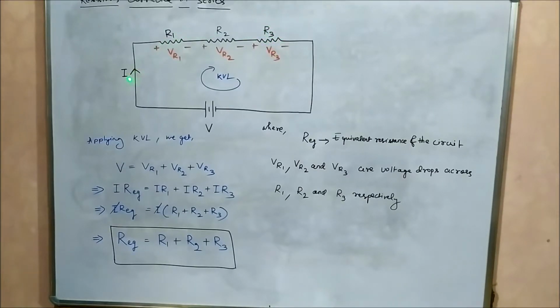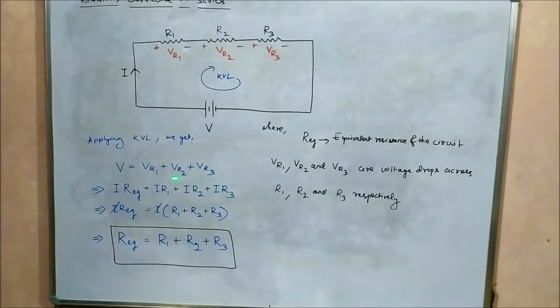Why? Because the same circuit current flows through each of the three resistors R1, R2 and R3, and the voltage drop across a resistor is the product of the current flowing through the resistor and the resistance value. So VR1 is equal to I R1, VR2 is equal to I R2 and VR3 is equal to I R3.